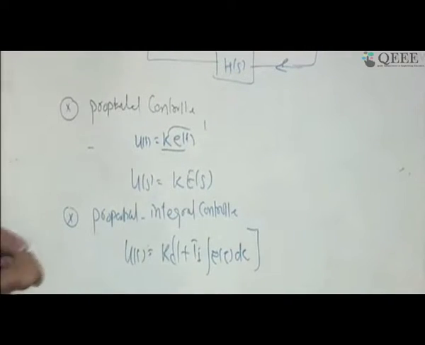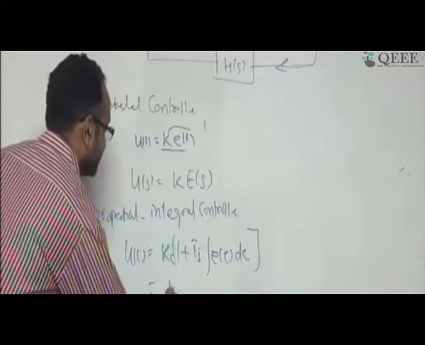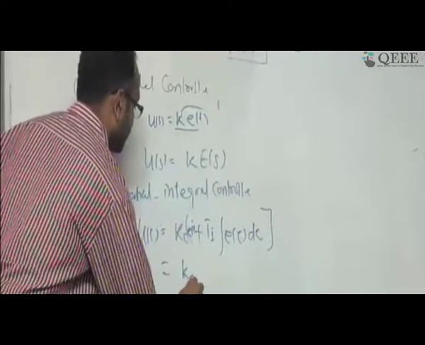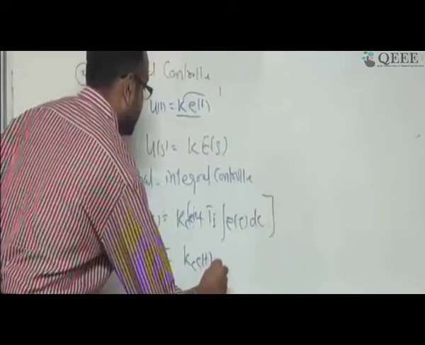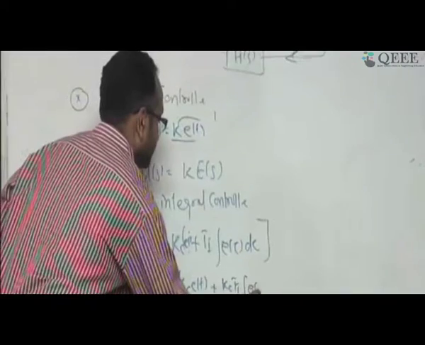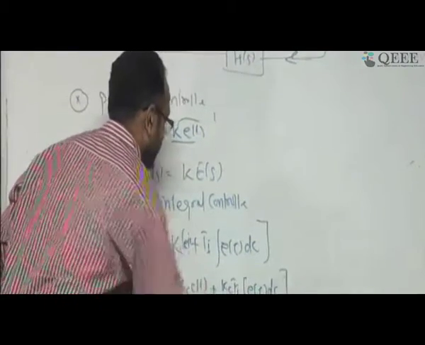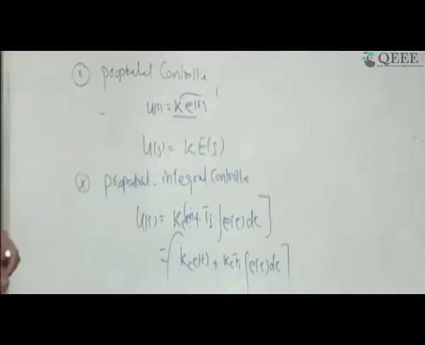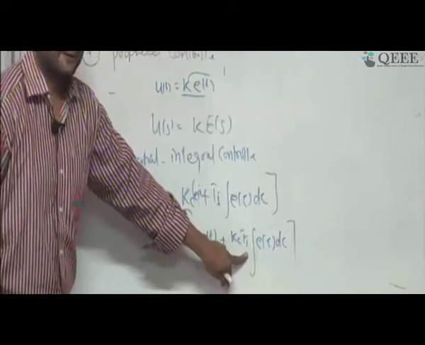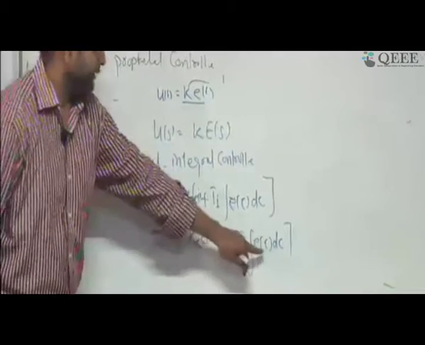Can you see there are two terms: Kc times e of t plus Kc over Ti times the integral of e of tau. One is proportional to the error, and the second is the integral term.